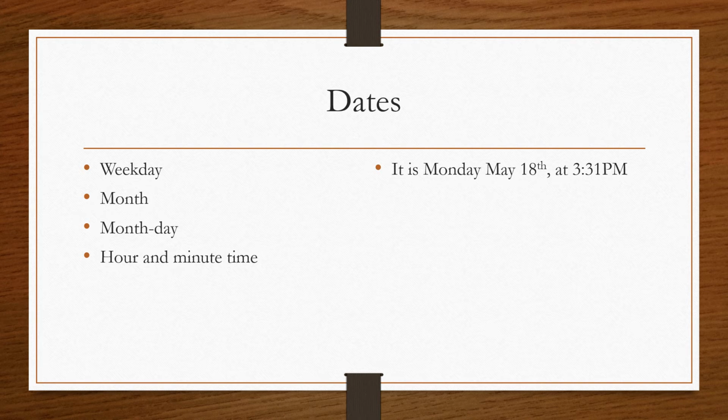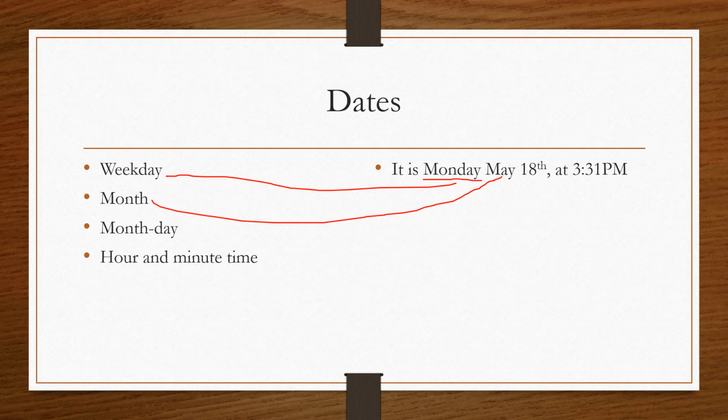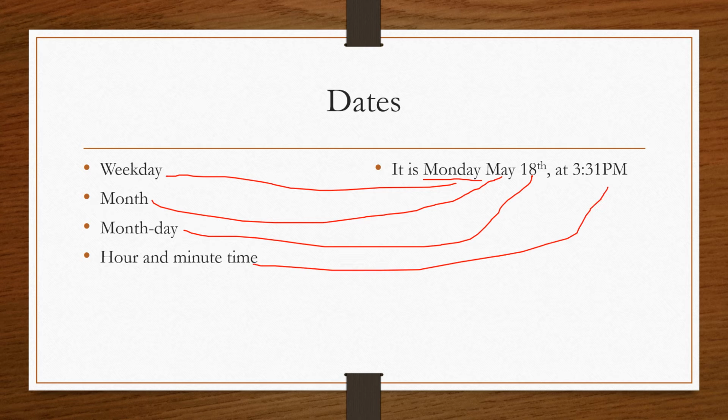Here's an example. It is Monday, May 18th at 3:31 p.m. So Monday is the weekday. The month is May. The month day, if we want to call it that, is the 18th. And the hour minute time is 3:31 p.m.